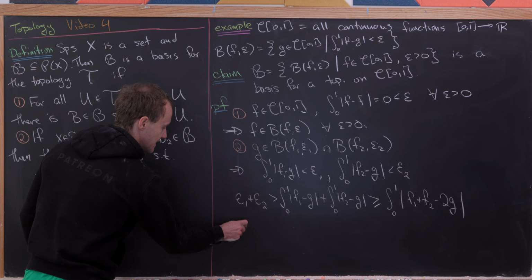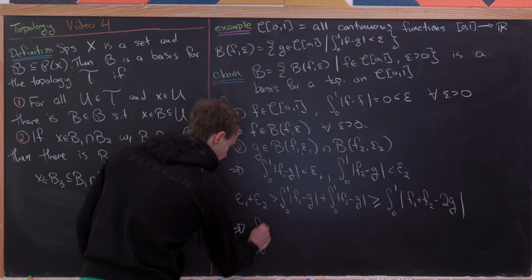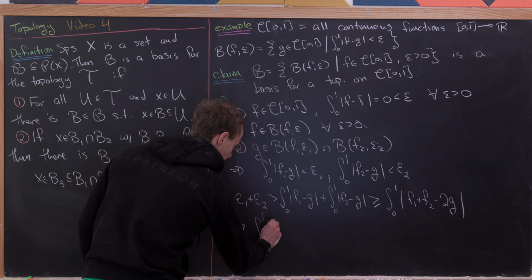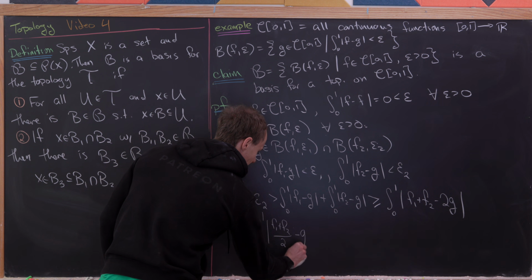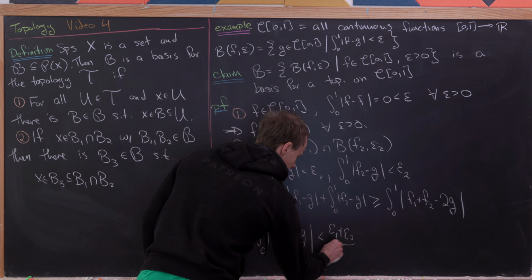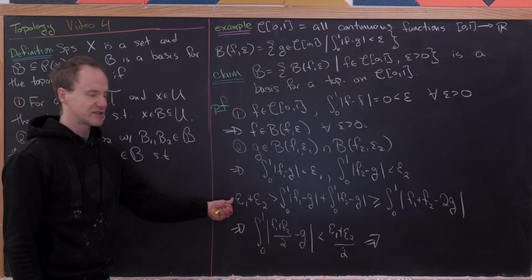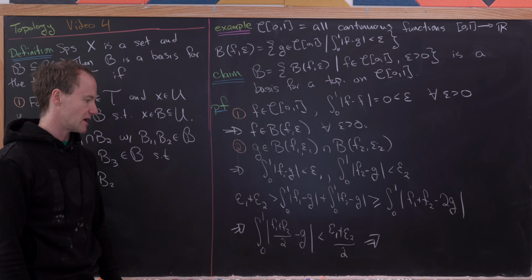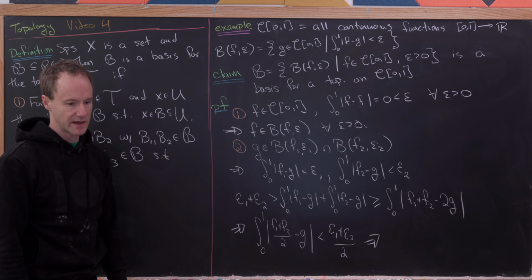But we can divide this whole thing by 2, and we'll see that the integral from 0 to 1 of the absolute value of (f1 plus f2)/2 minus g is going to be less than (epsilon 1 plus epsilon 2)/2. Again, that's just taking this inequality right here, dividing the whole thing by 2, and then reordering things a little bit.